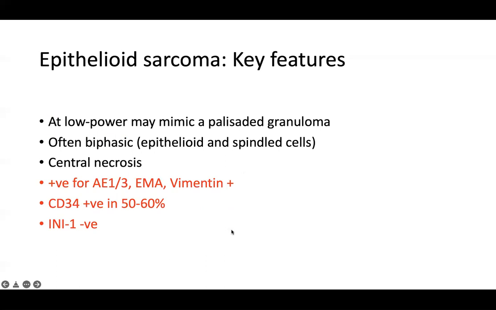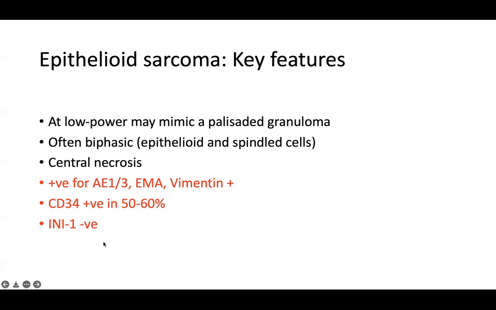It's positive for AE13, which is like a pan-keratin cocktail, EMA, and Vimentin. I will advise that Vimentin is not that helpful. It just stains a lot of things. And so I don't really ever use Vimentin. CD34 is positive in about half the cases.